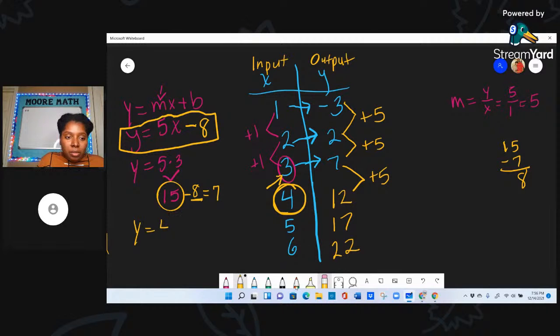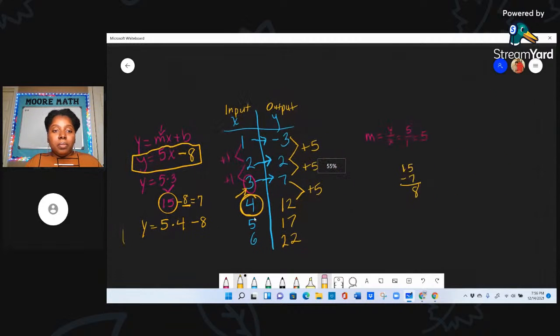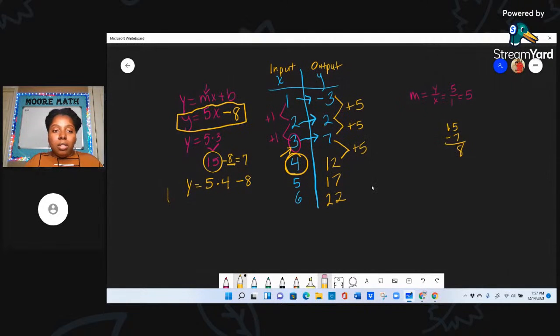5 times 4 minus 8. Let's see if we're going to get 12. What is 5 times 4? 20. Okay. So 5 times 4 is 20.